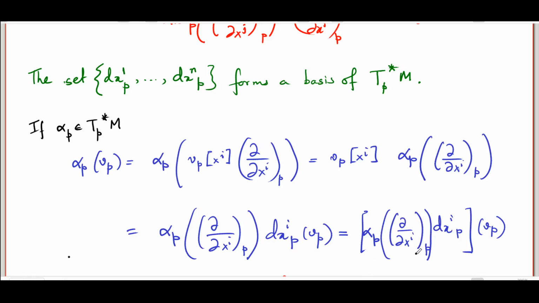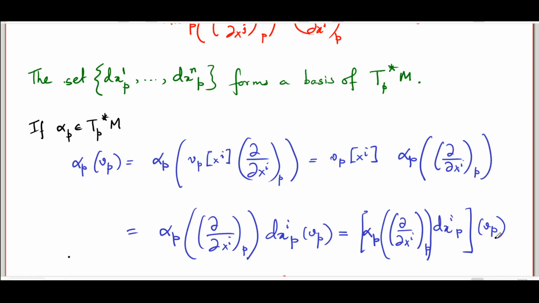So this overall thing is a covector which is acting on Vp to produce this result. So now, what have we ended up with? We have ended up with the statement that alpha p, any member of Tp star M, acts on Vp to give you something which is given by this covector acting on Vp.